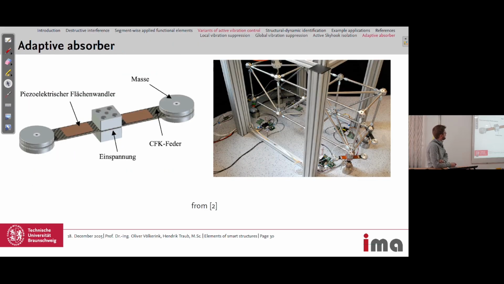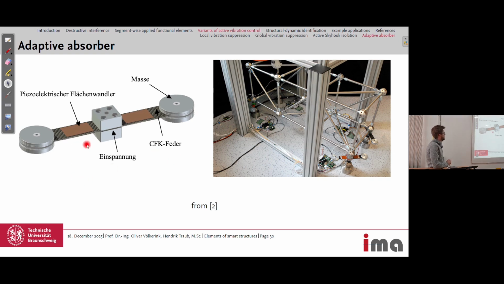And the other thing is an adaptive absorber. Looking, for example, like this, we could have these adaptive absorbers at the interface points of the structure to the ground.